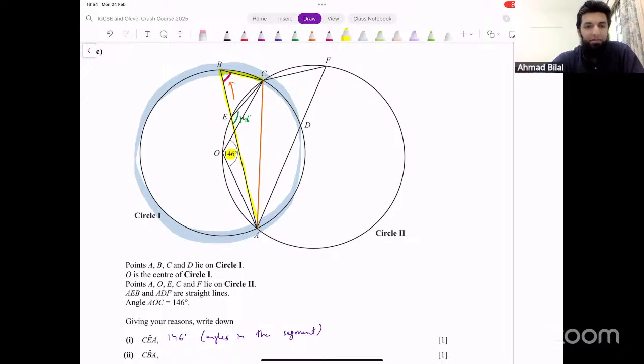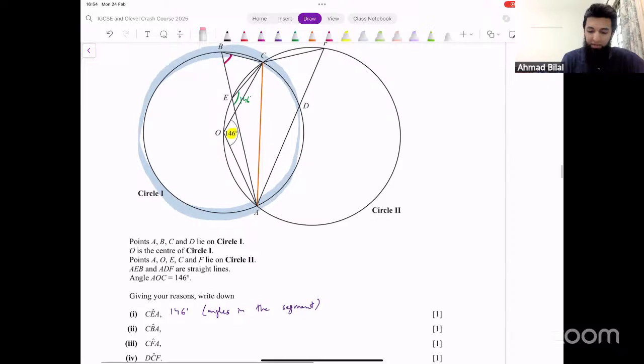Angle at center is twice the angle at circumference. So we can write down that CBA is going to be 146 degrees divided by 2, and that's 73 degrees. How do we know that? Because angle at center is 2 times the angle at circumference.